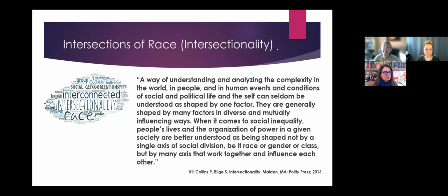They're generally shaped by many factors in diverse and mutually influencing ways. When it comes to social inequality, people's lives and the organizations of power in a given society are better understood as being shaped not by a single axis of social division, be it race or gender or anything, but by many axes that work together and influence each other. So lots for us to be thinking about.